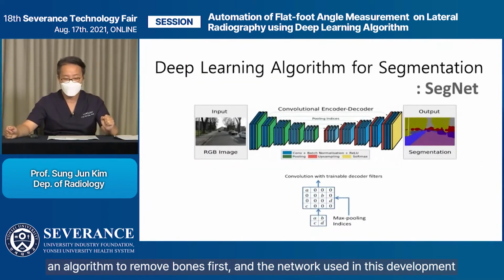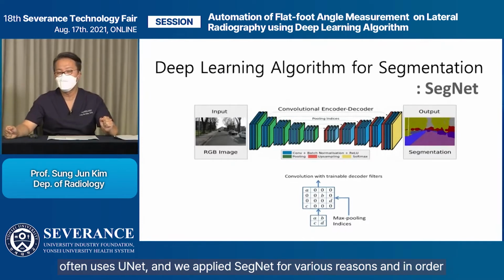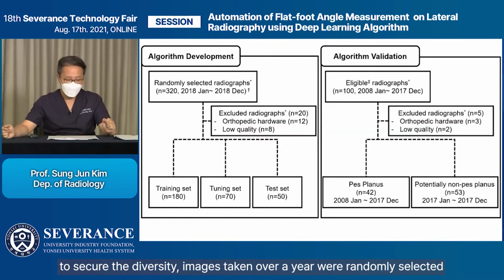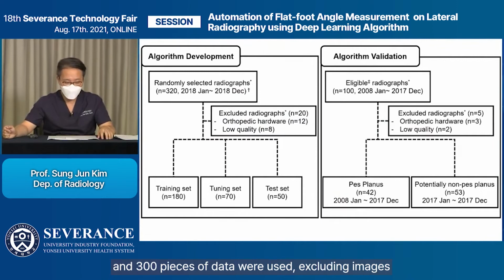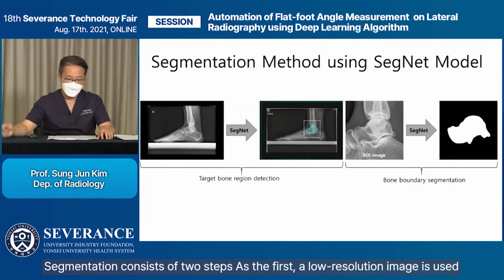In order to automatically find the major axis of bone, we decided to develop an algorithm to segment bones first, and the network often used in this development is UNet. We applied SegNet for various reasons, and in order to secure diversity, images taken over a year were randomly selected, and 300 pieces of data were used, excluding images with very low quality or surgical instruments. Segmentation consists of two steps.